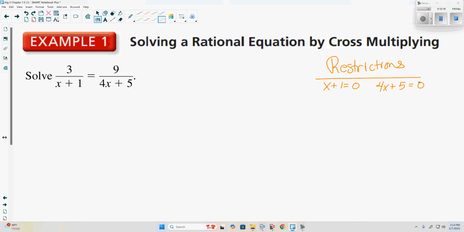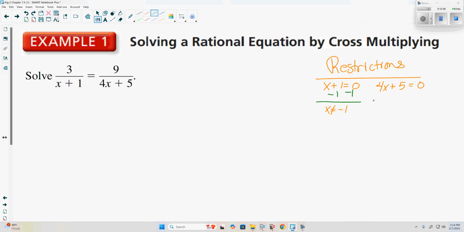Because if one or more of the denominators become 0, then we're dividing by 0. It doesn't work. So if we look at these here, x plus 1, we can solve this here, telling us that if x is equal to negative 1, we'd have a denominator of 0, so it doesn't work. It's a restriction.